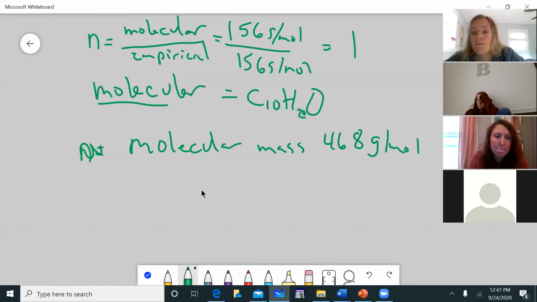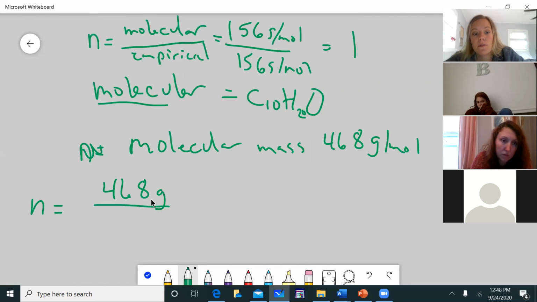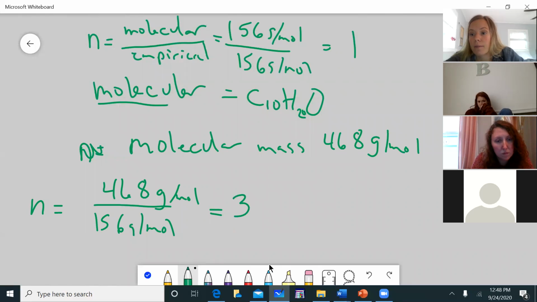If it was 468 grams per mole, we would take the 468 grams per mole to find our N, divided by the empirical formula's mass, which is 156 grams per mole. In this case, we end up getting a value of 3.